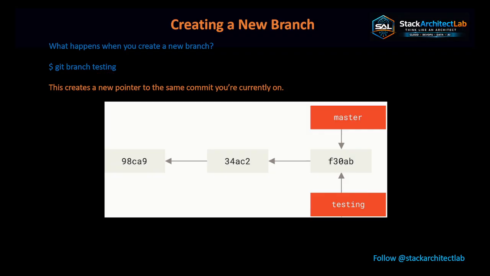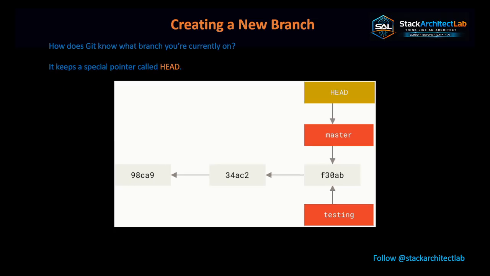Now the next thing you need to see is what HEAD is. I was talking about HEAD also, correct? So this is the HEAD. How does Git know which branch you are currently on? That is the question. It tracks that using something called HEAD. That is the role of HEAD.